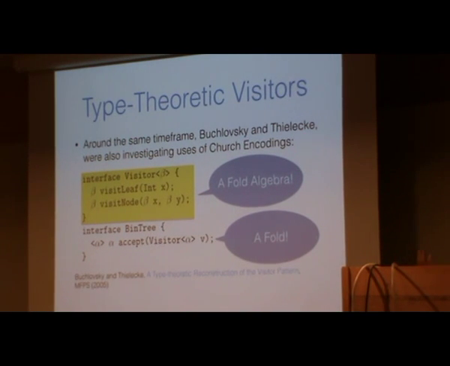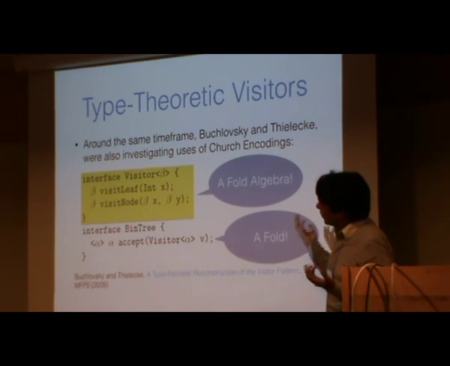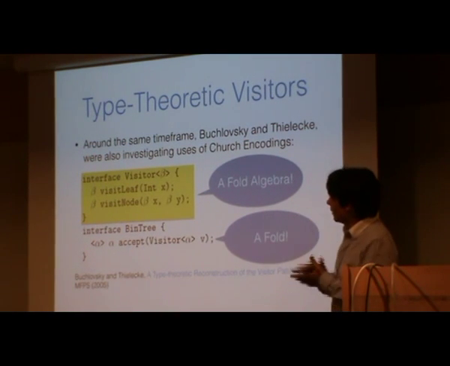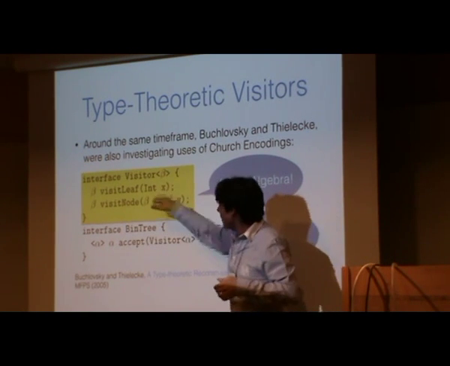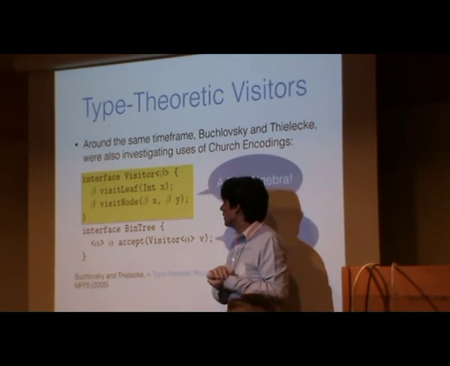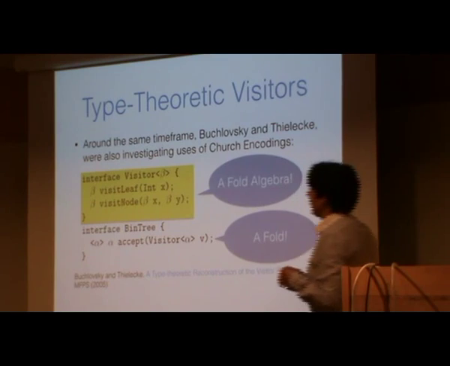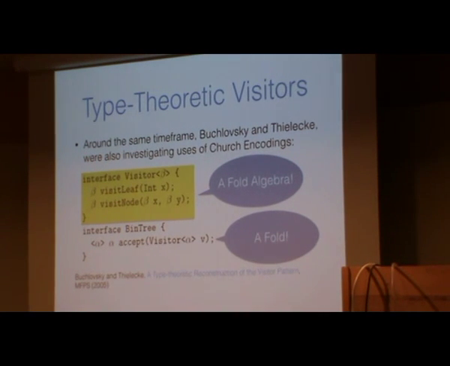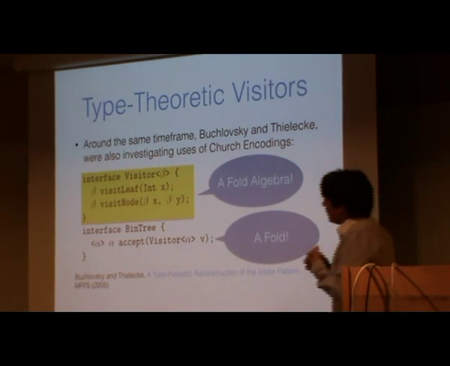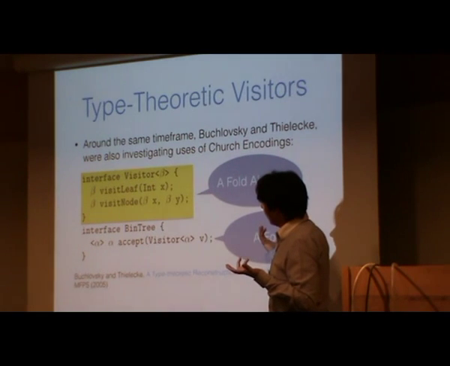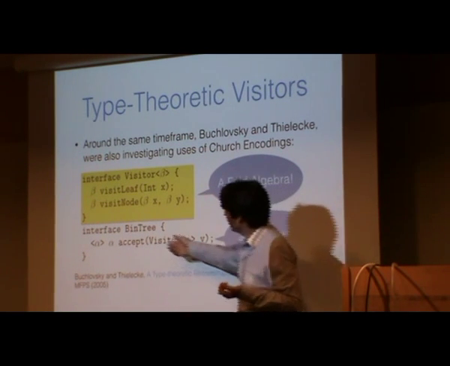So what they suggested was that at least some variant of the visitor pattern can be viewed as a Church encoding. So, for example, let's say that you would have a simple tree, like the tree that we have seen before, a binary tree with integers at the leaves and binary nodes. The visitor interface for that particular tree would be something like this.